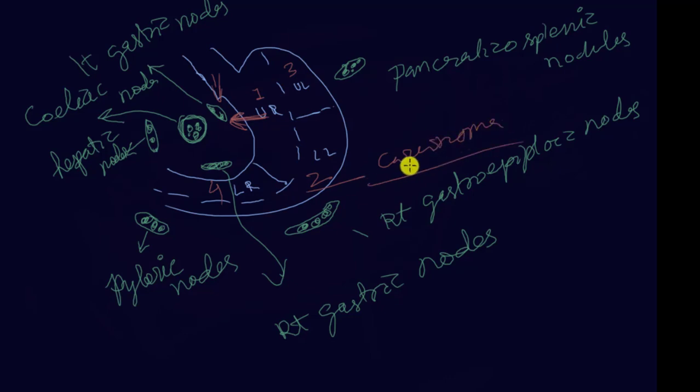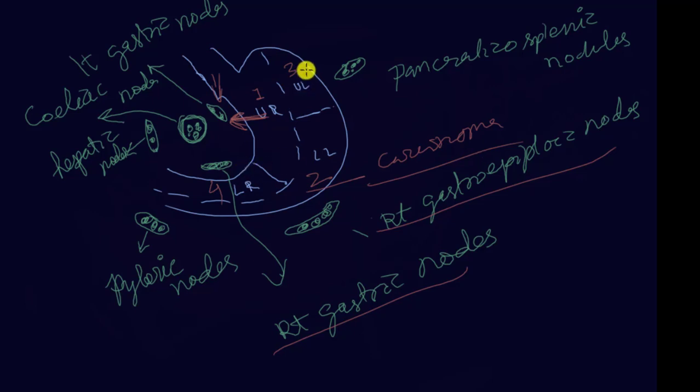Carcinoma means the malignant, or you can say the cancer cells, right? It most frequently occurs at this area number 2, and the lymph from this area drains into the right gastroepiploic nodes.